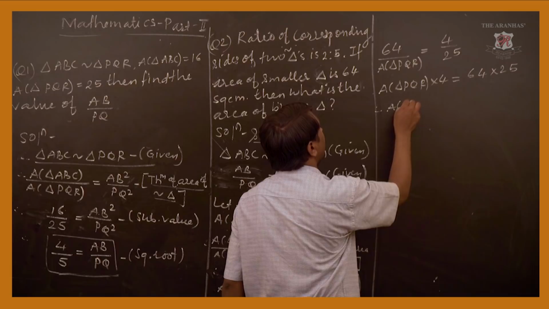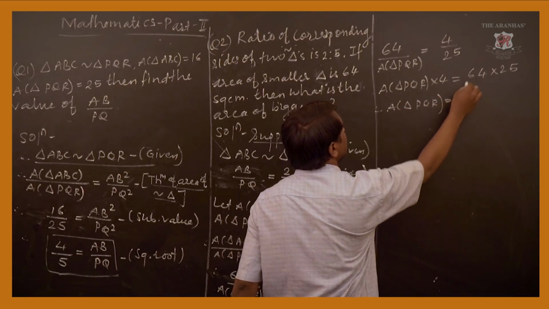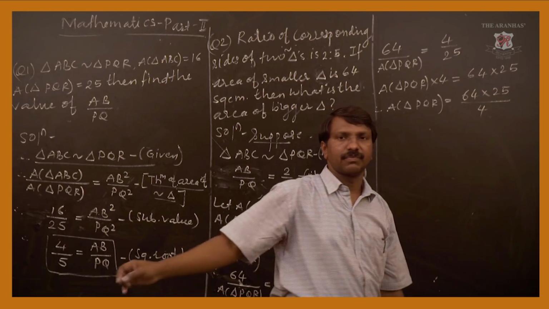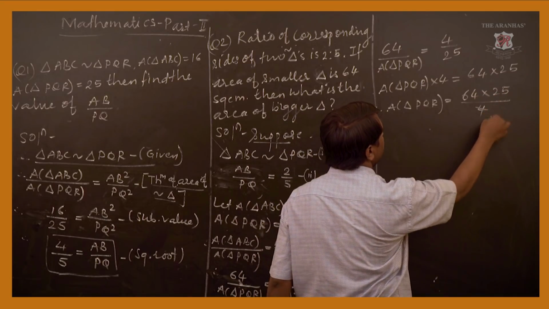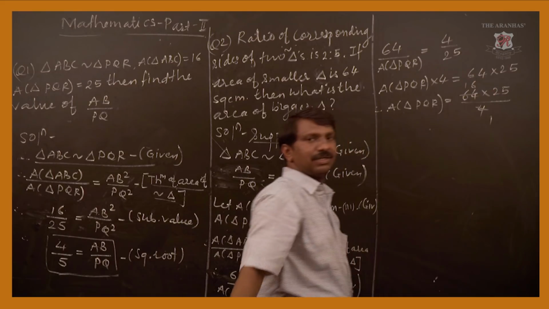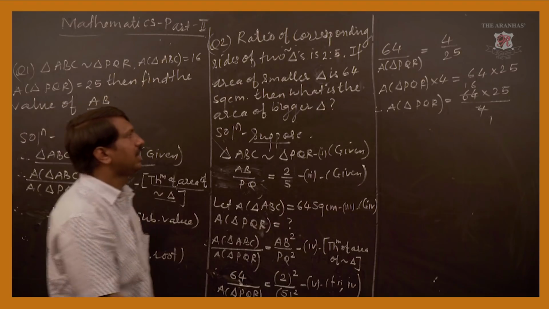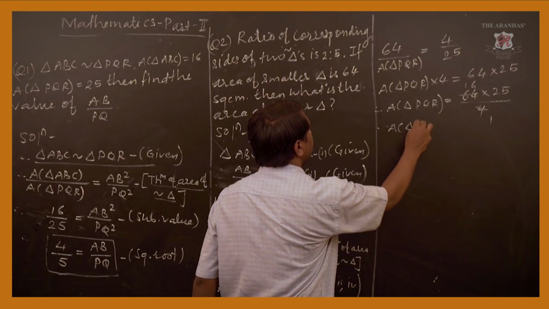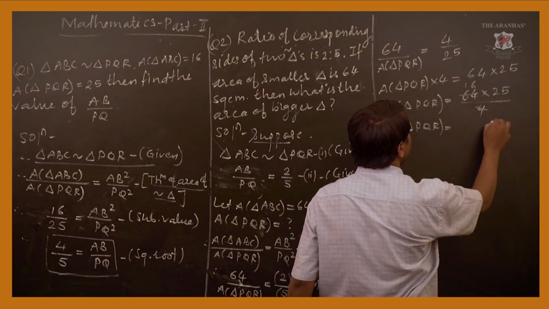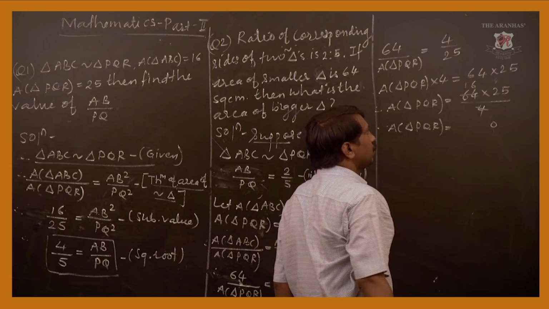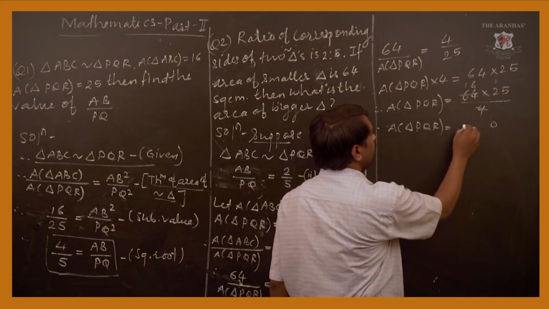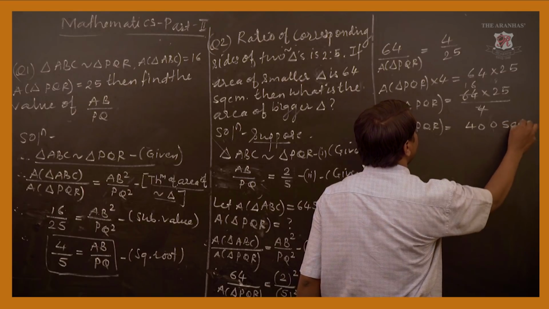So the area of triangle PQR equals 64 into 25 upon 4. 4 ones are 4, 4 sixteens are 64, so 16 times 25 has to be multiplied. 16 fives are 80, then 320, so the area of triangle PQR is 400 square centimeter.